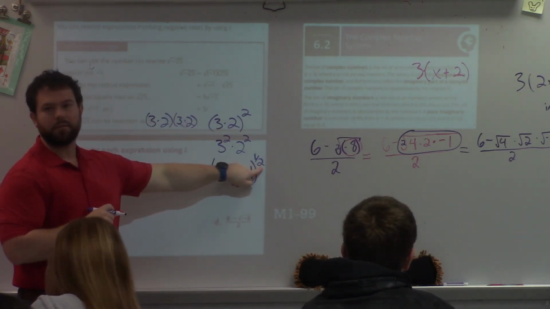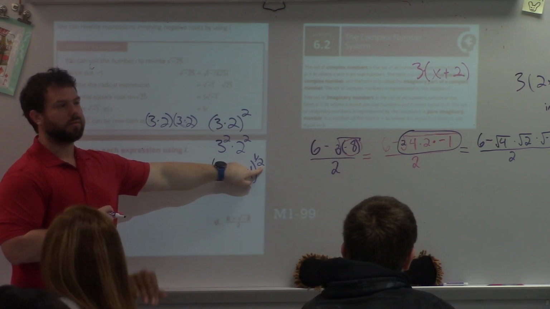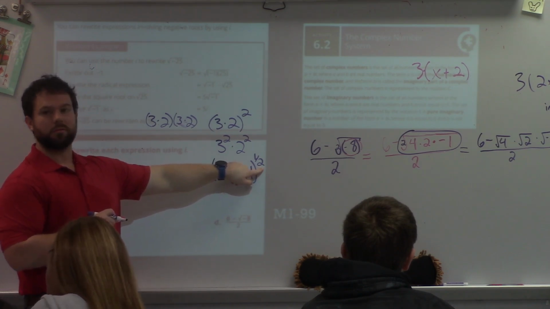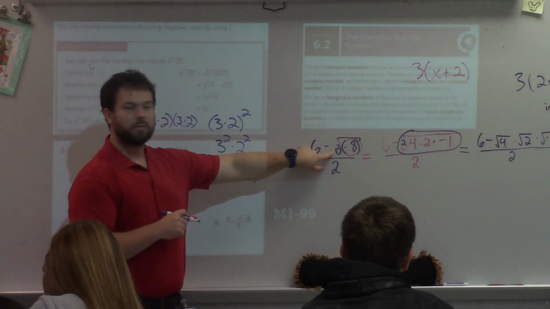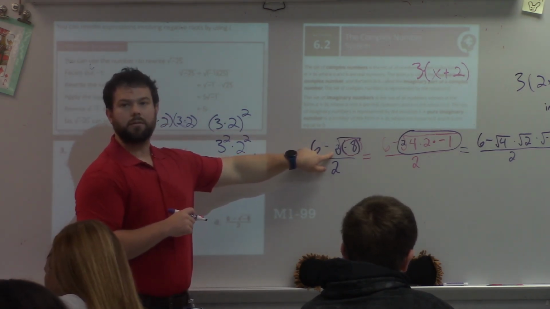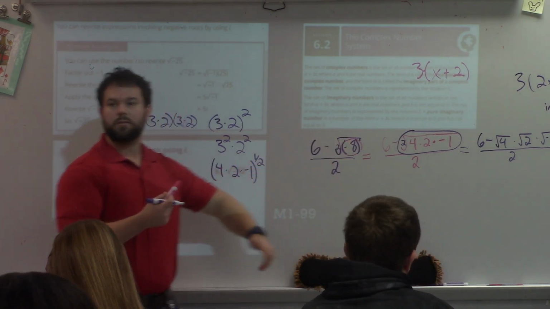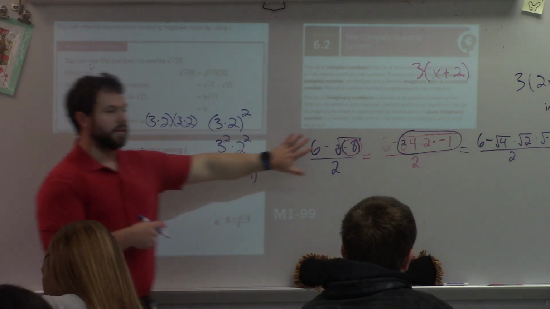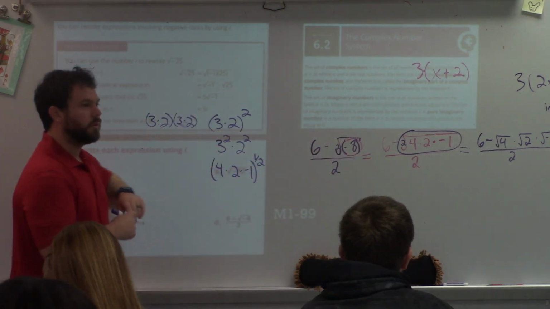What does the 2 indicate? A square root. What do we have right here? A square root, right? So this square root and this square root are telling the same story.